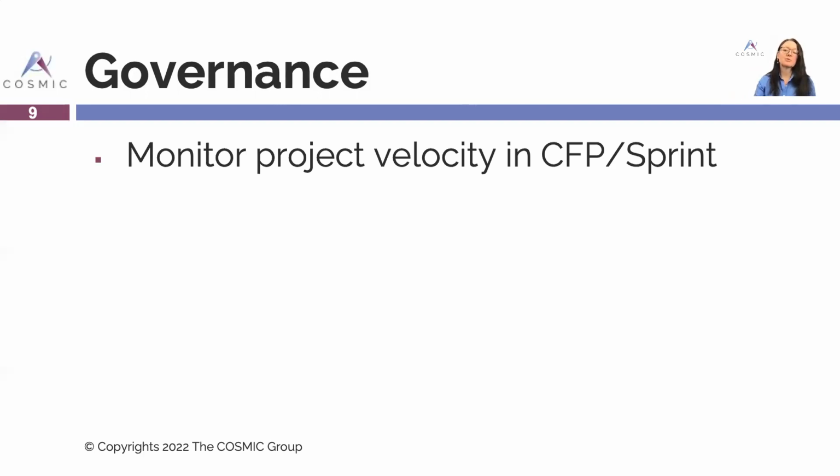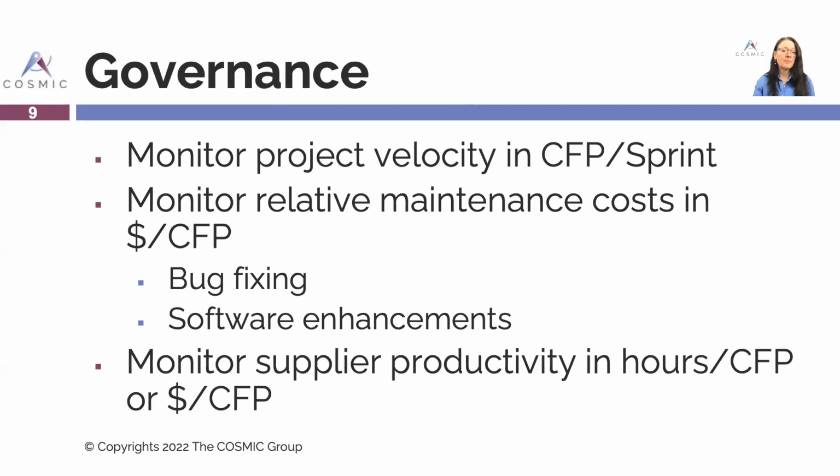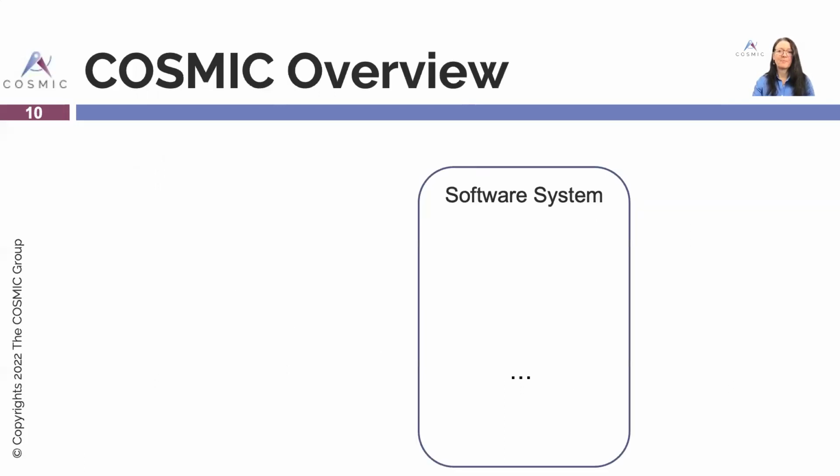But it's not the case with COSMIC. It's much less variance, much more precise. We can also monitor the relative maintenance cost, let's say in dollars per COSMIC function point for bug fixing or software enhancements, and also monitor supplier productivity in hours per COSMIC function point or dollars per COSMIC function point. In a nutshell, this is an overview of the method.